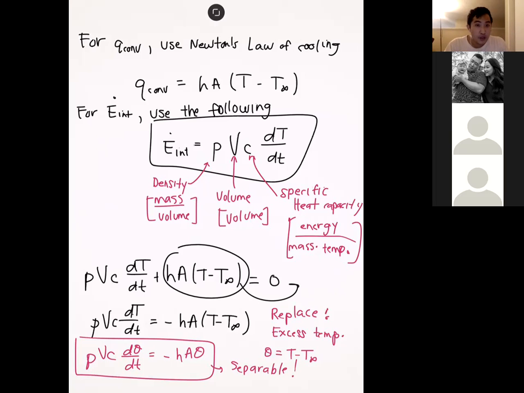Any questions on this before we go about solving it? Okay, let's go ahead and separate the variables.